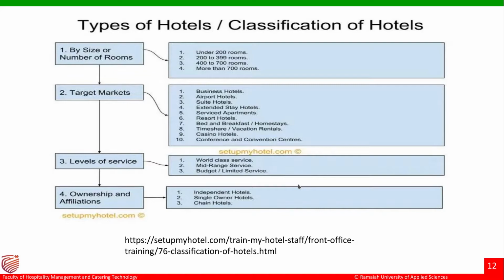Next is the budget limited services type. So when we relate budget limited to size, it could come in the category of under 200 or below 100 rooms by size, which is a very small scale hotel providing limited services.